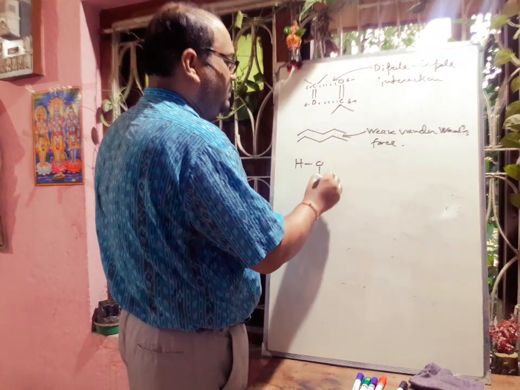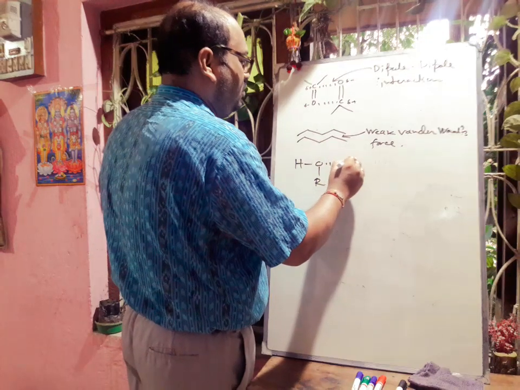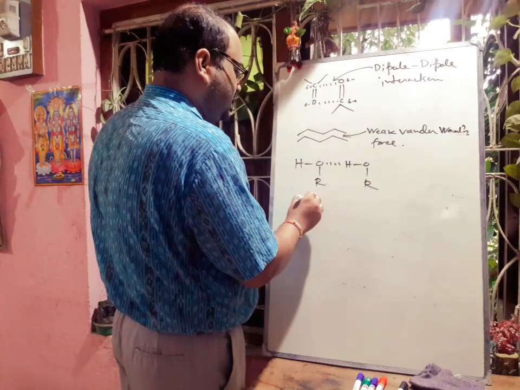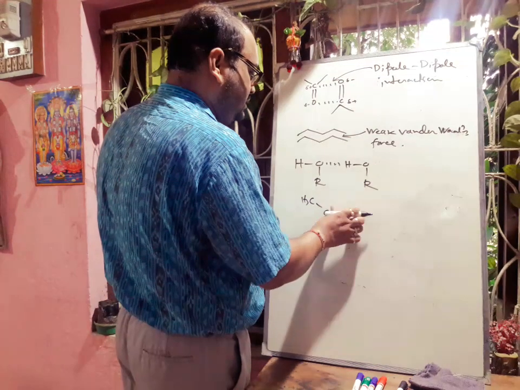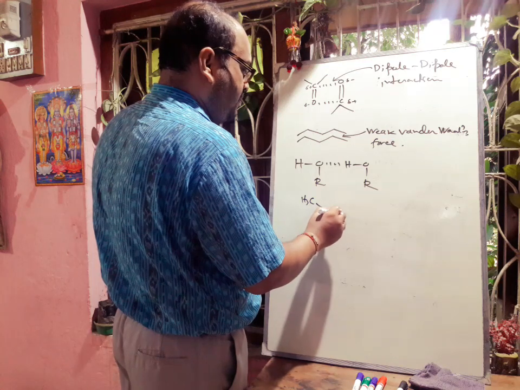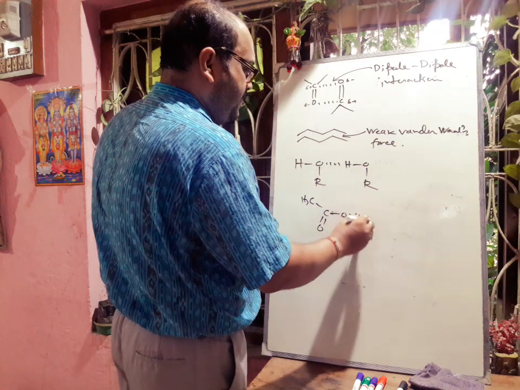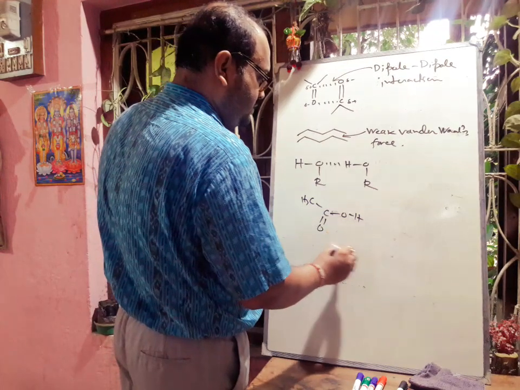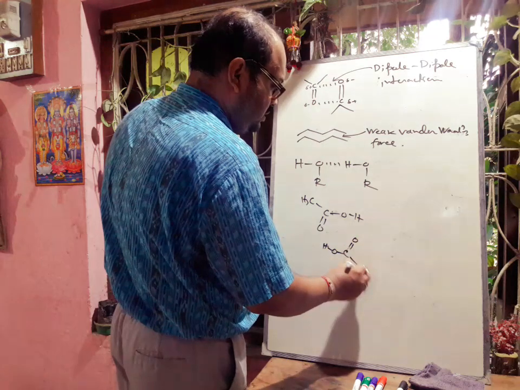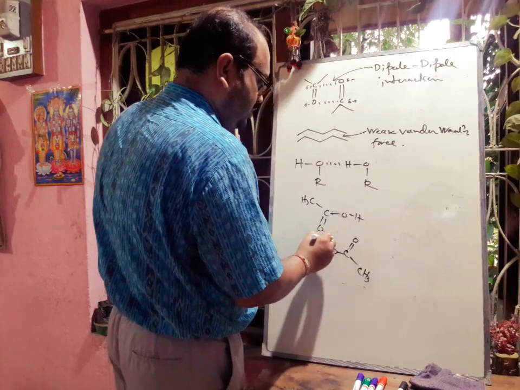In case of alcohol, definitely there will be intermolecular hydrogen bonding. And if we think about any carboxylic acid like acetic acid, definitely there will be some hydrogen bonding between the acetic acid molecules.